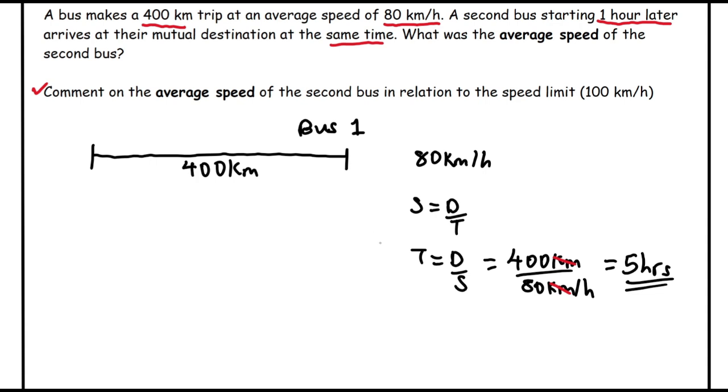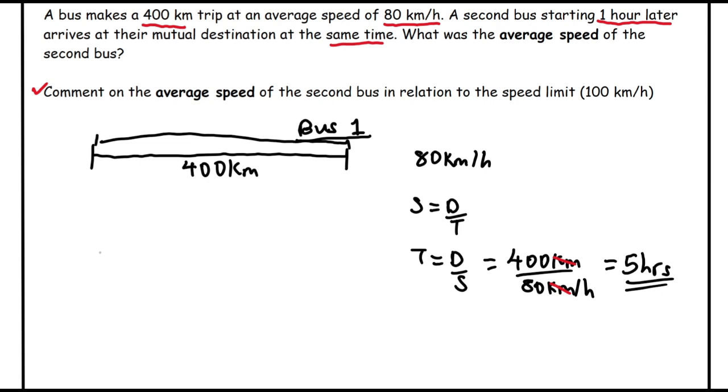Now, what other information have we been given? This means that bus 1 takes 5 hours to get to the destination. The other information is that a second bus starts 1 hour later. If it starts 1 hour later, it means that it traveled this same distance, 400 kilometers, in 4 hours.